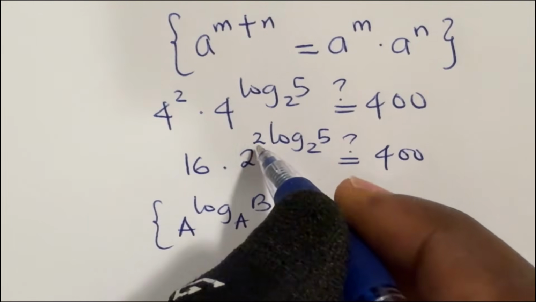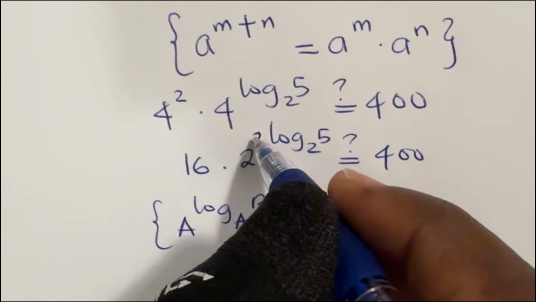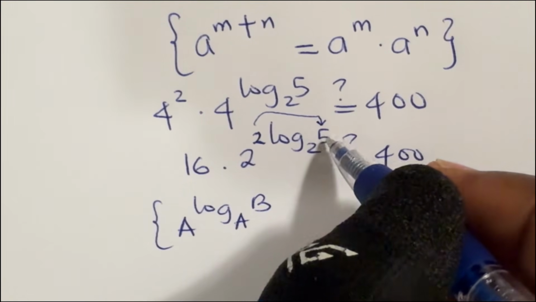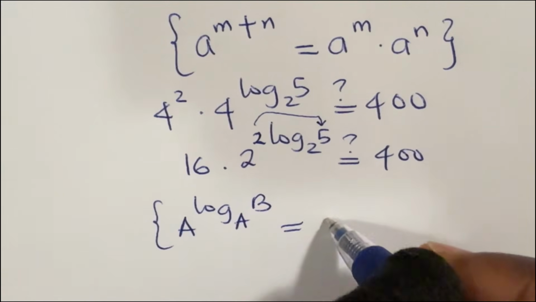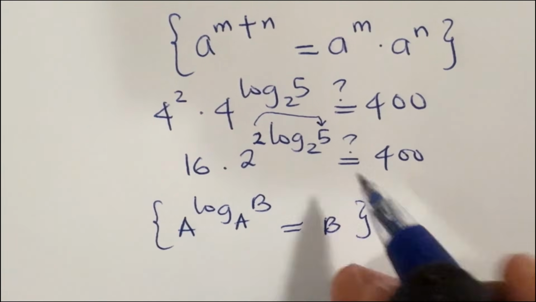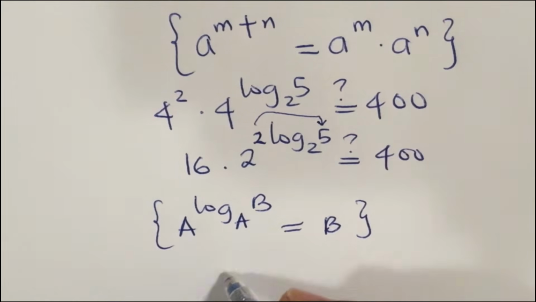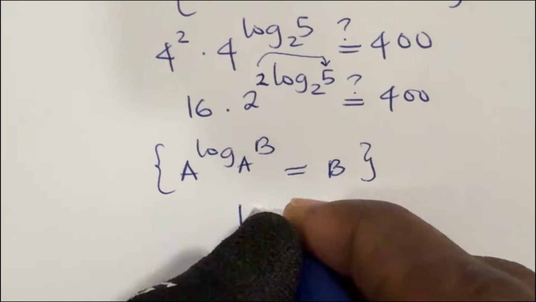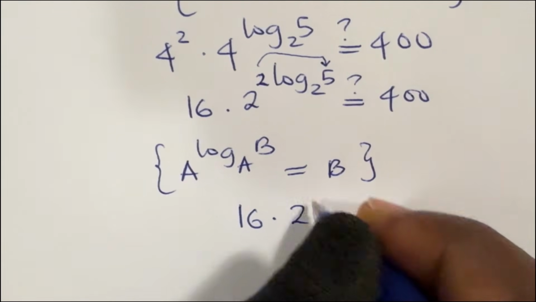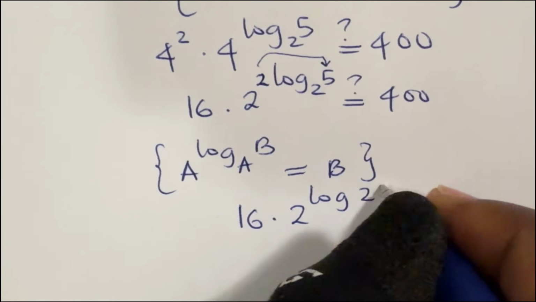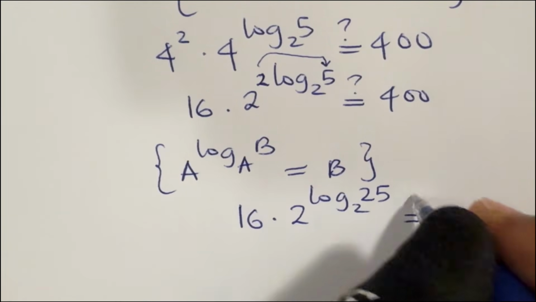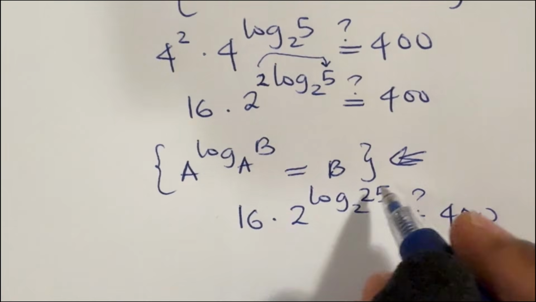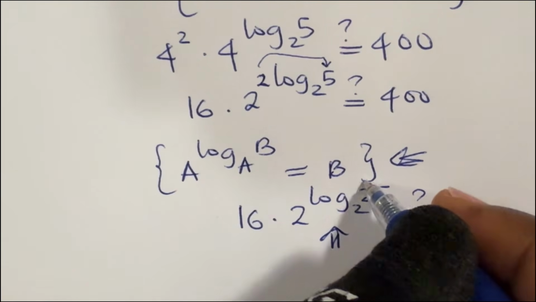But since we have a coefficient here, we need to get rid of this coefficient and transfer it to here to give us 5 squared, which will be 25. The result here should give us b, and then the result here should give us 25. If I rewrite that, I have 16 times 2 raised to power log 25 base 2 is equal to 400. And following this principle, the result of this expression here is simply 25.